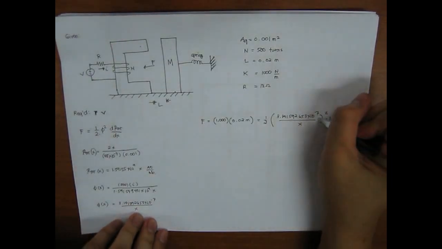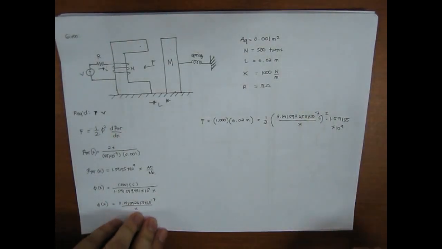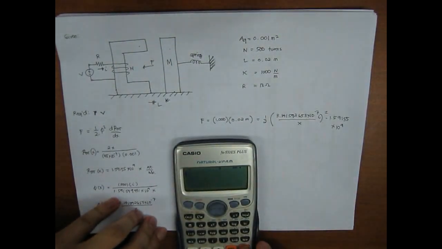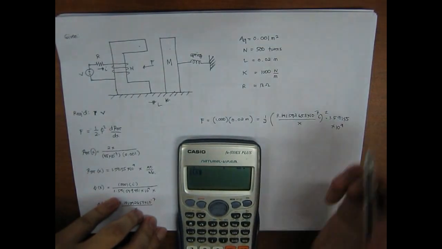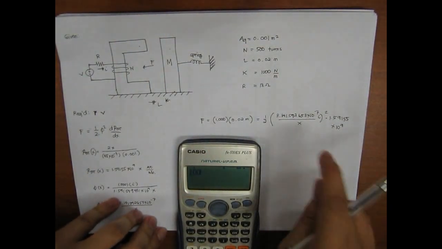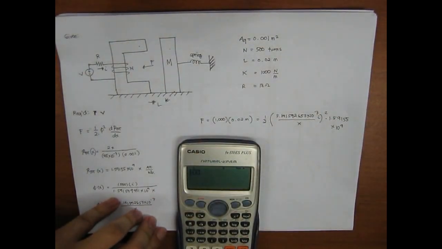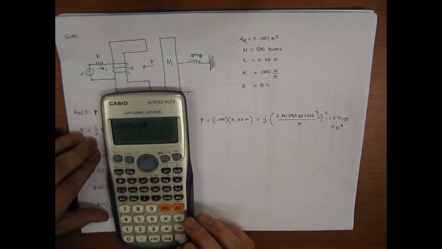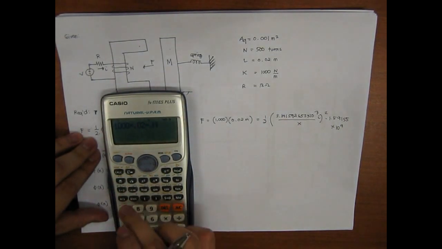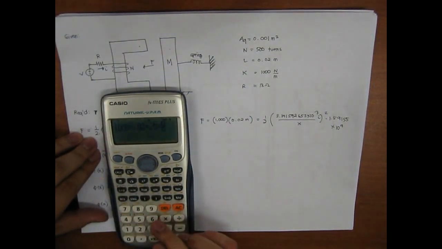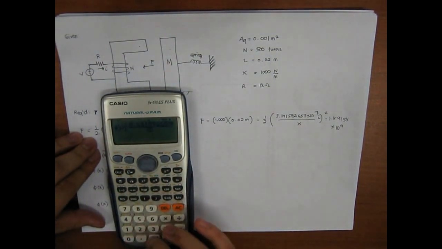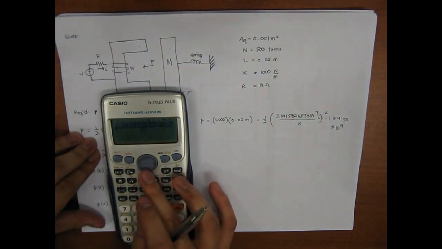Oh, I forgot the I. Anyway, so using your advanced calculator, we may extract the value of I in this whole equation. 1000 times 0.02 equals 0.5 times 3.141592653 times 10 to the negative 7.